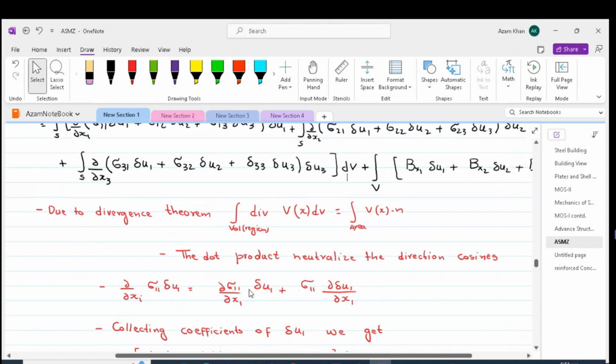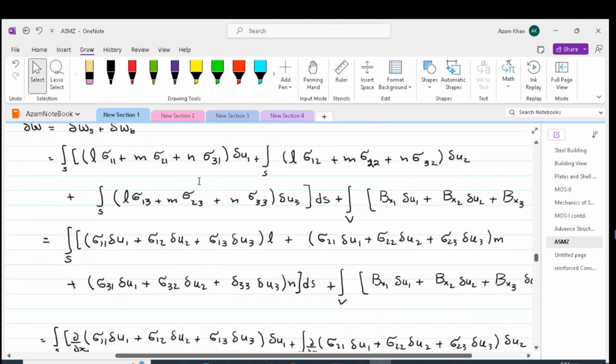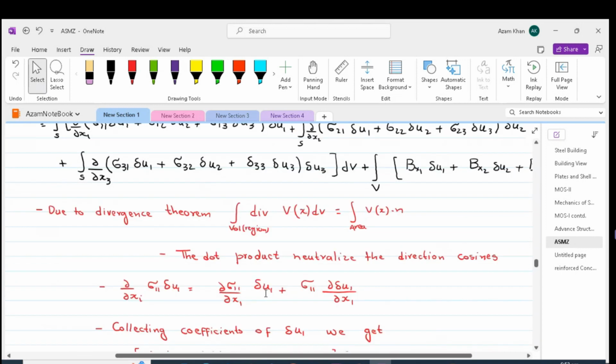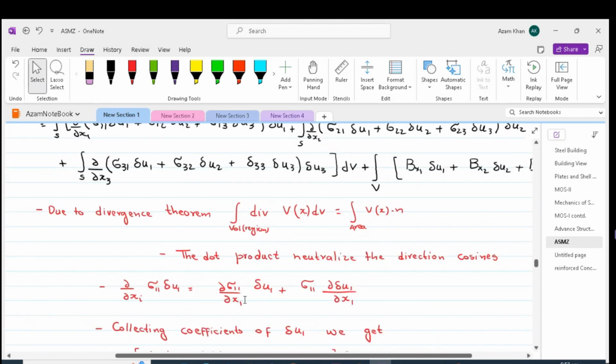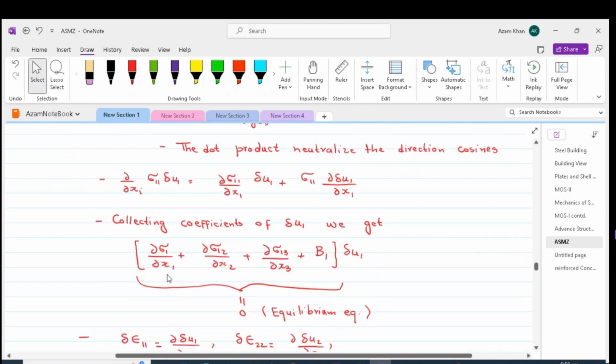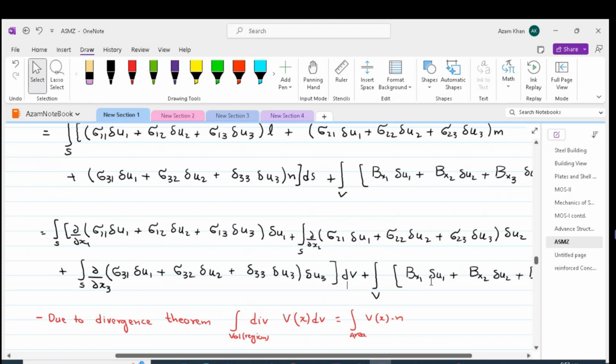We can apply the partial differentiation on these terms, and we would get one term in terms of delta u and another term in terms of sigma. The terms which we get in terms of delta U1 will then be added separately for the whole expression.